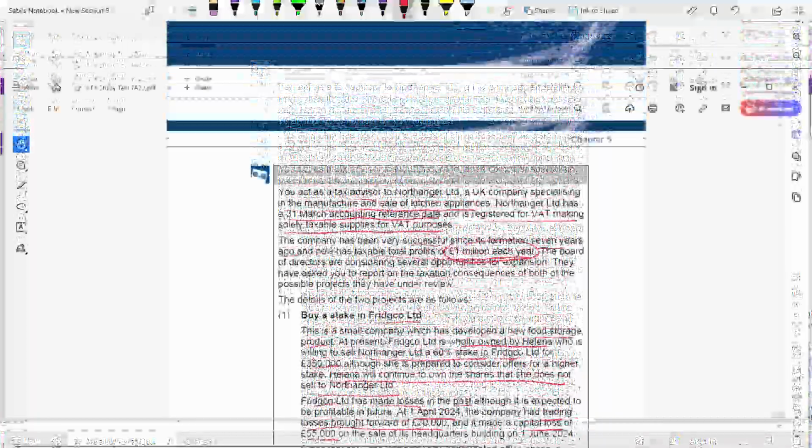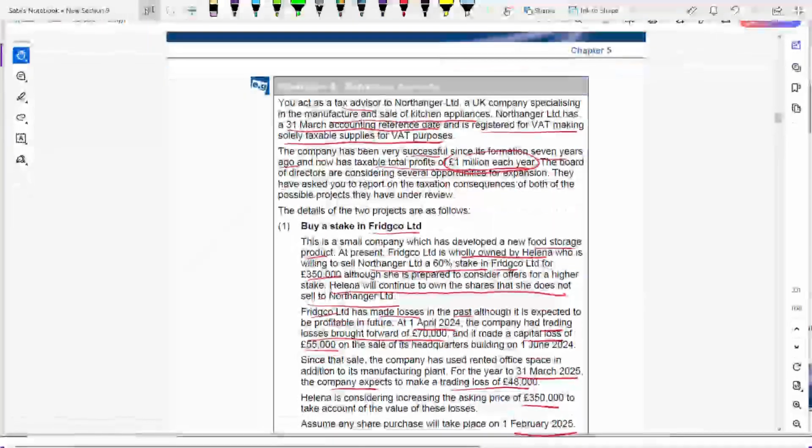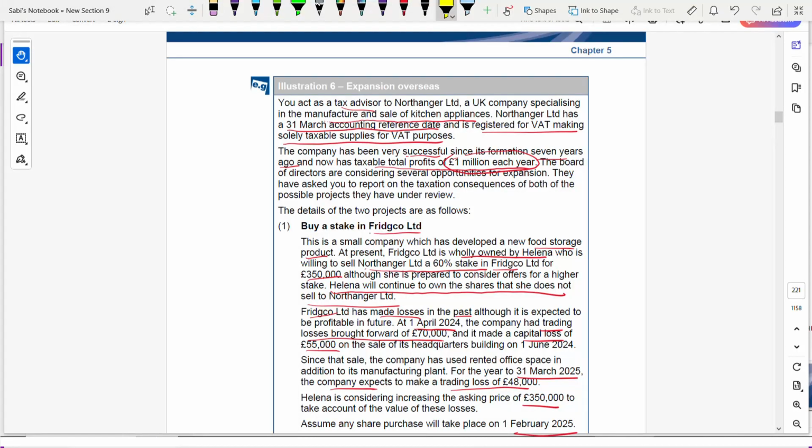We'll go back and check against the losses. It's very easy for you to forget this thing. I'll highlight it. This 70,000 and this trading loss of 48,000.